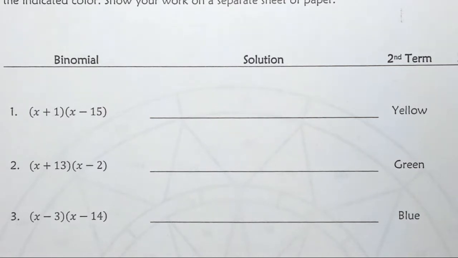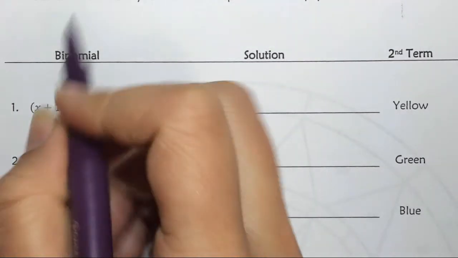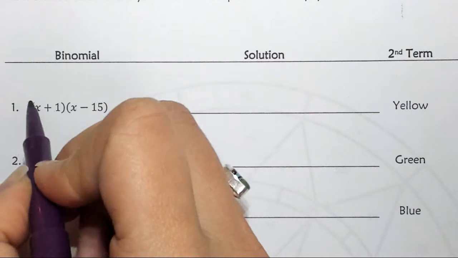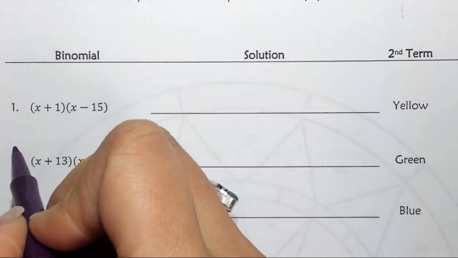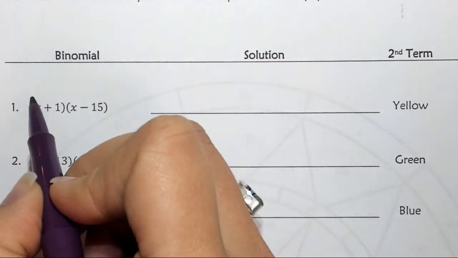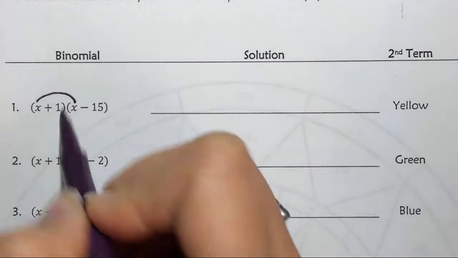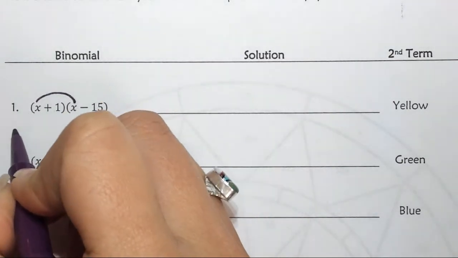Alright, so on number 1, tell me what to do. Okay, so first, you're going to get your first term, so it's going to be x times x. And you get? X squared.